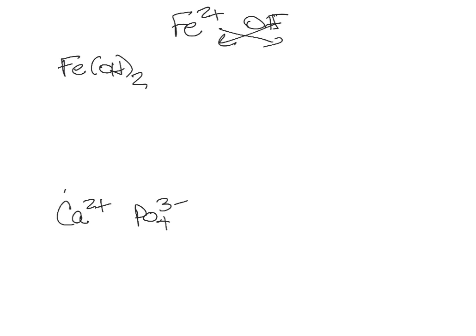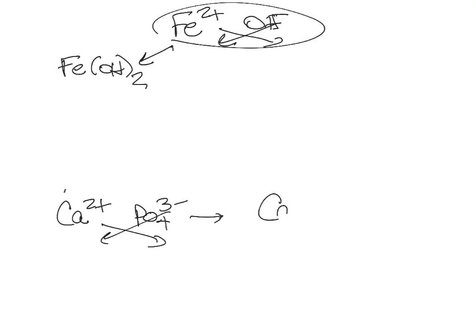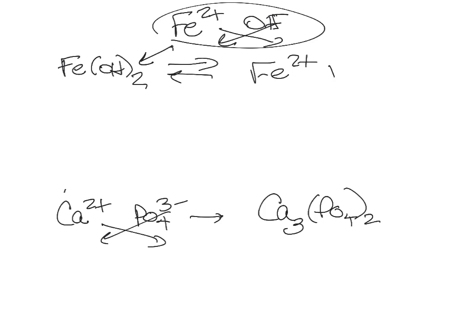So when we crisscross or combine them in such a way that the overall charge is 0, that's what we get. And calcium phosphate gives us a formula of Ca3(PO4)2.